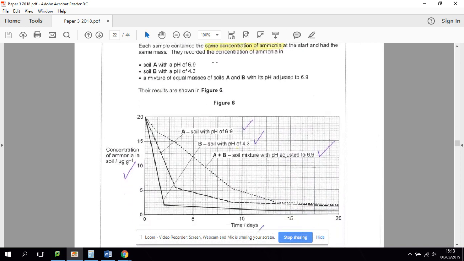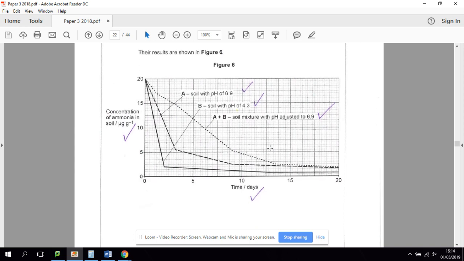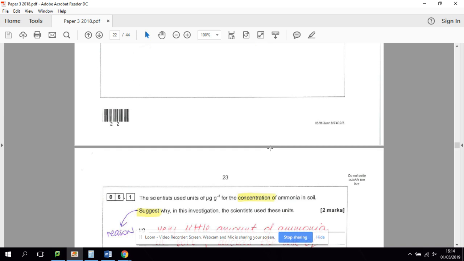So we've got lots of things going on here. We've got the concentration of ammonia, we've got time, we've got soil A here with its pH, B at the bottom, and then the mixture of those. Right. The questions are asking why the scientists used those units. Micro is a prefix and it's quite small.